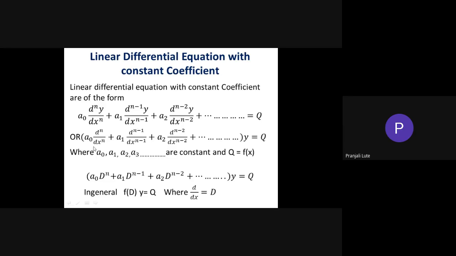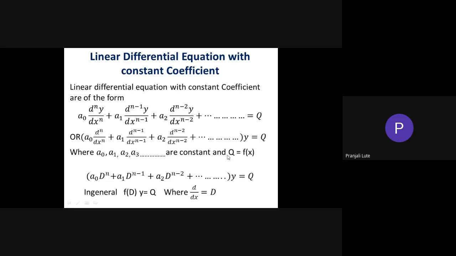We can also write this differential equation as a naught times the nth derivative, plus a1 times the n minus 1th derivative, plus a2 times the n minus 2th derivative, and so on, with y as a common term, and this equals Q. So this is another form of that differential equation, where a naught, a1, a2, a3 and so on are all constants, and your right hand side Q is always a function of x.